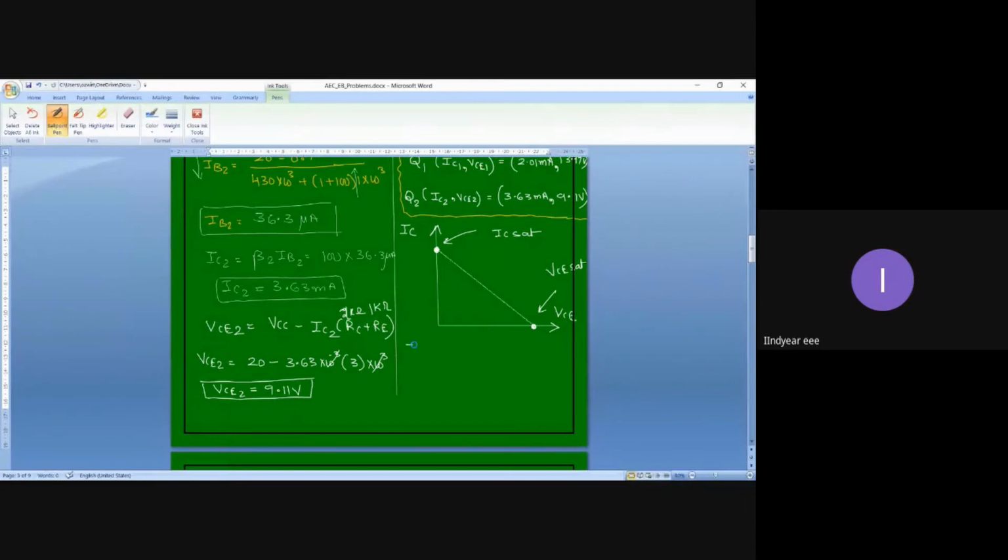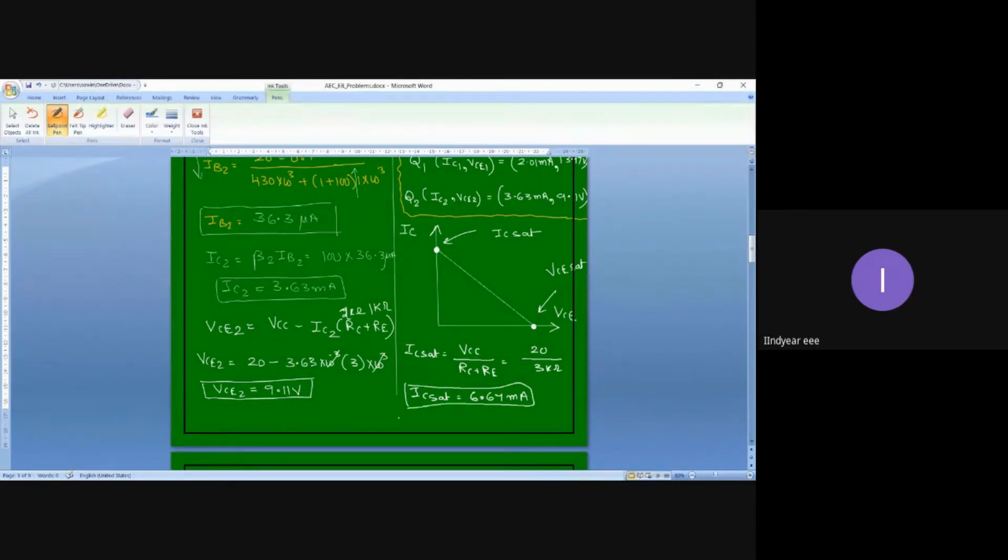IC saturation is VCC divided by (RC plus RE), 20 divided by 3 kilo ohm. So IC saturation is equal to 6.67 milliamperes.